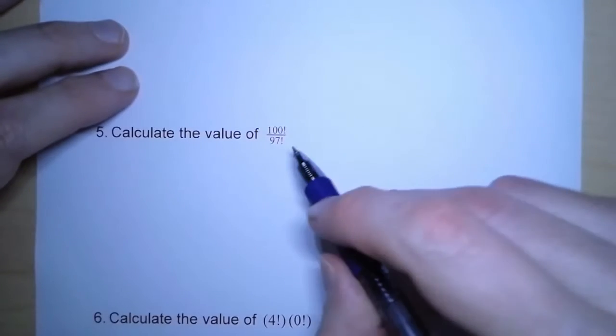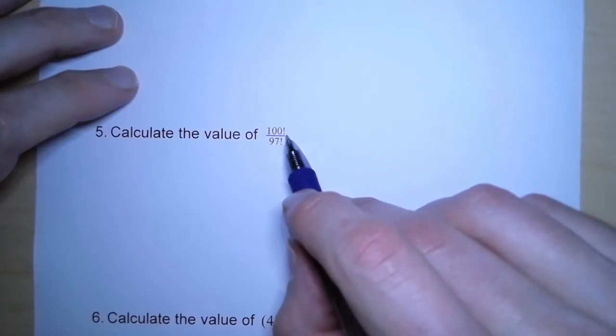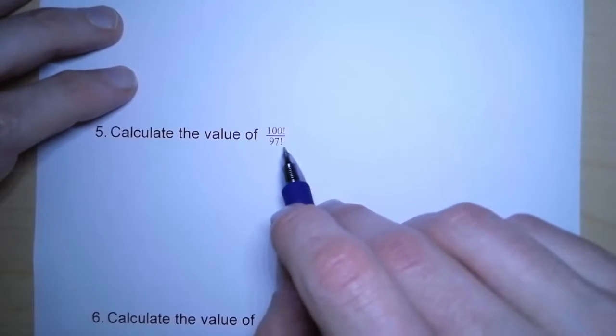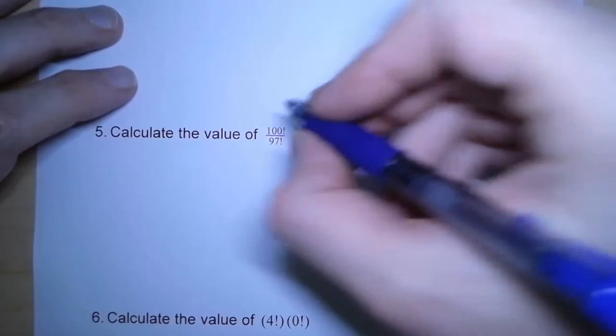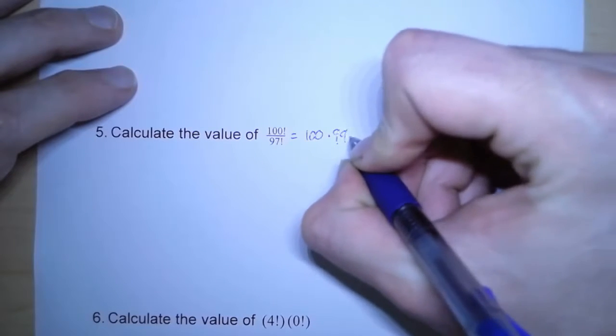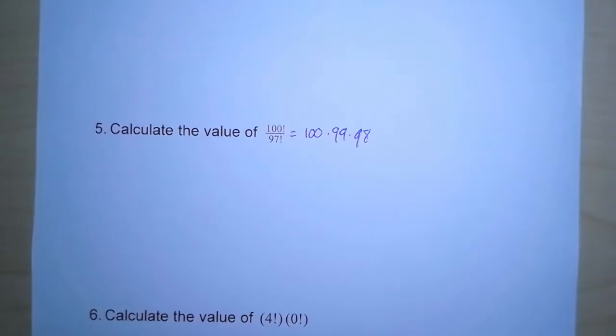Now with number 5, we can employ the same idea. 100 factorial is going to have 100 all the way down to 1. 97 factorial is going to have 97 all the way down to 1. So that's going to leave 100, 99, and 98 on top.